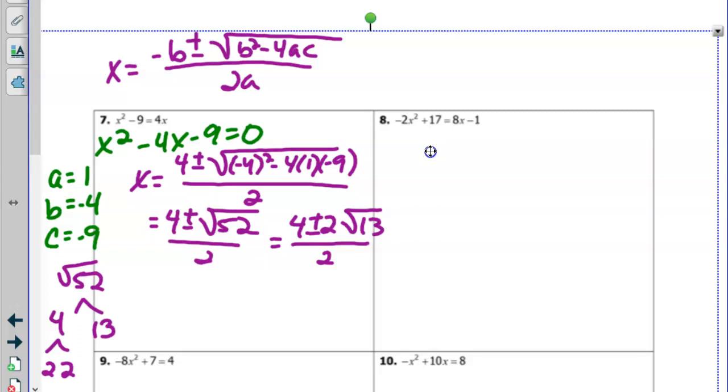I appreciate what you said, but the square root of 13 makes it so you can't mix those numbers together. But we do have 4 over 2, and we also have 2 square root of 13 over 2. So what can you take out? The 2, yeah. So if I take a 2 out of each of these, because remember you really have 2 fractions going on, 4 divided by 2 is 2, and 2 square root of 13 divided by 2 is square root of 13.